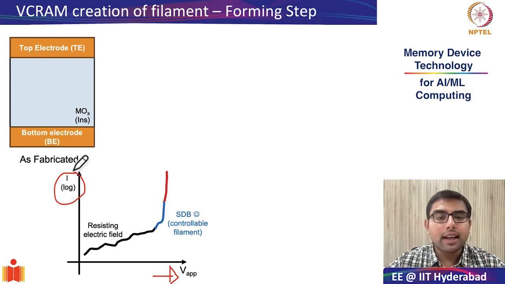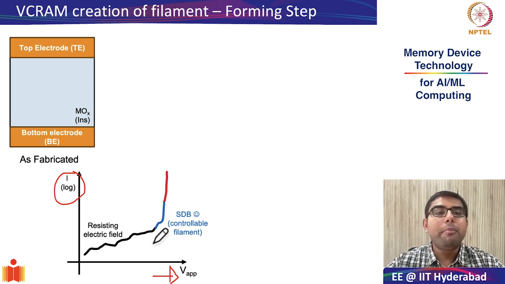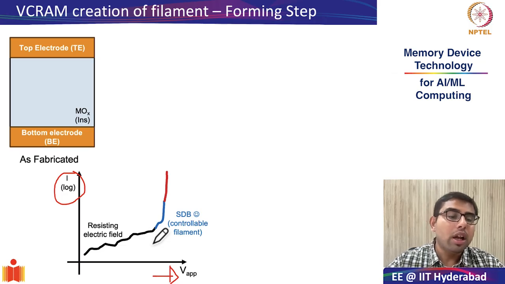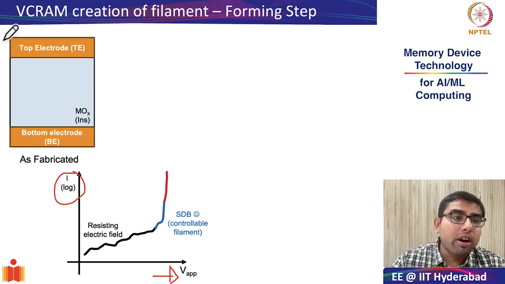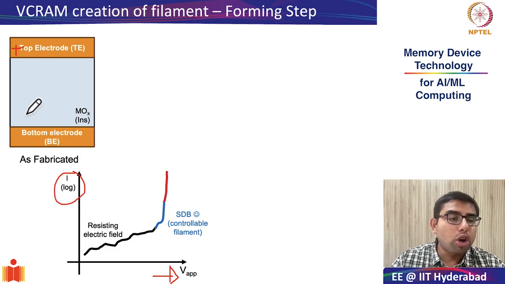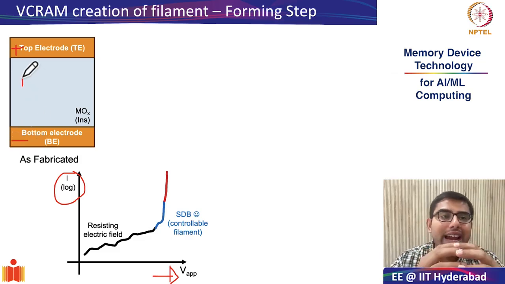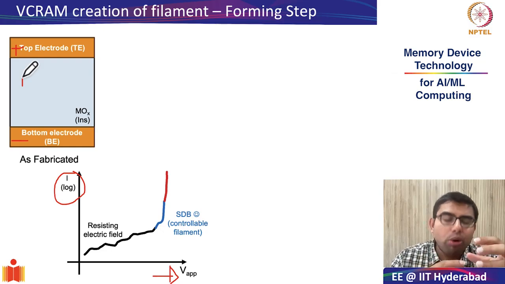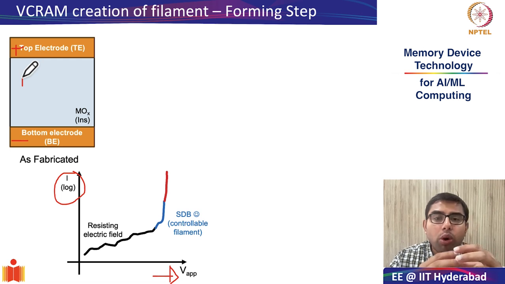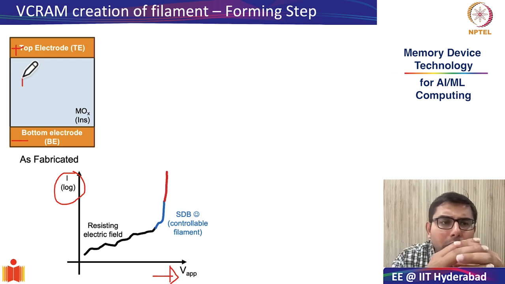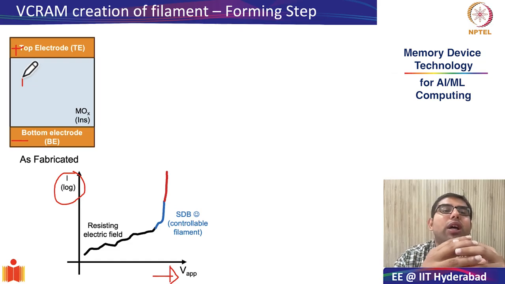Because this is an insulating material, for quite some amount of electric field, you will be able to resist the external electric field's influence. This is because when you apply an external electric field, for example, positive bias on the top electrode and negative on the bottom electrode, the anion part will be slightly displaced towards the top electrode because it is negatively charged, so it will move slightly towards the positive electrode, and the cation will displace slightly away from the top.